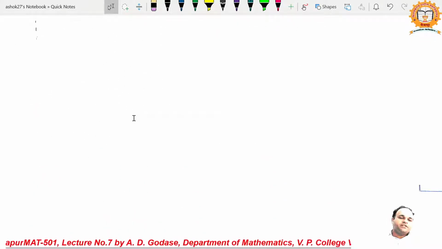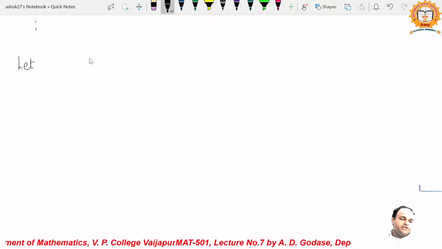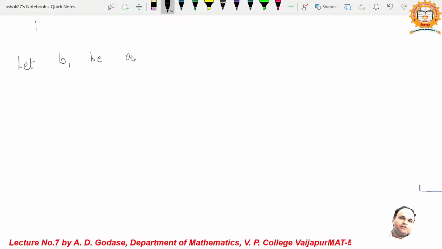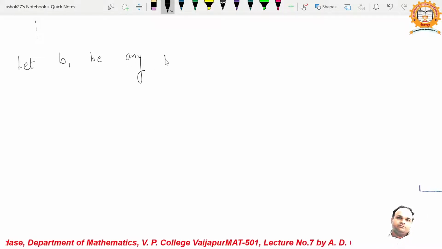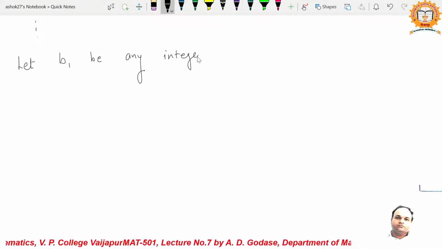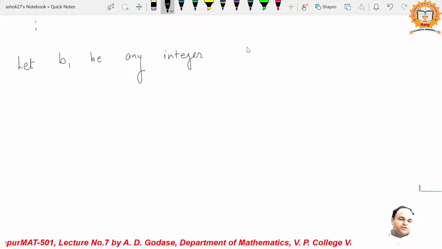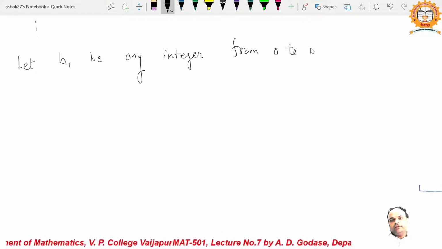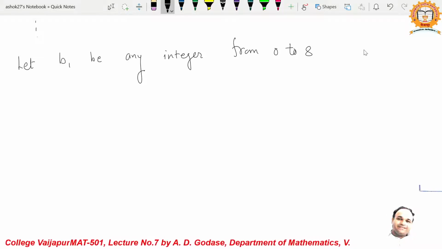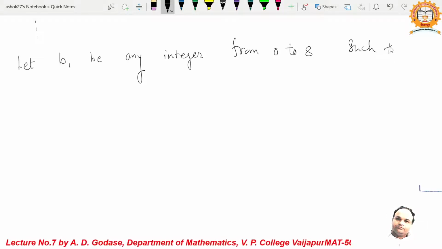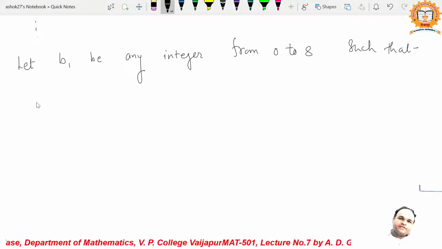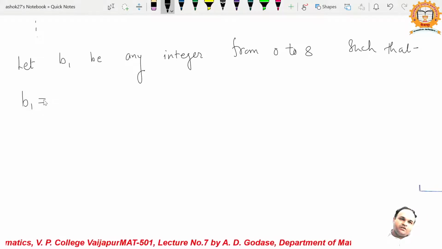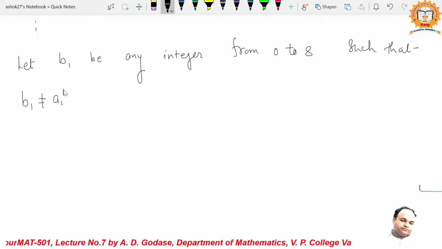For that, let b1 be any integer from 0 to 8 such that b1 is not equal to a11.